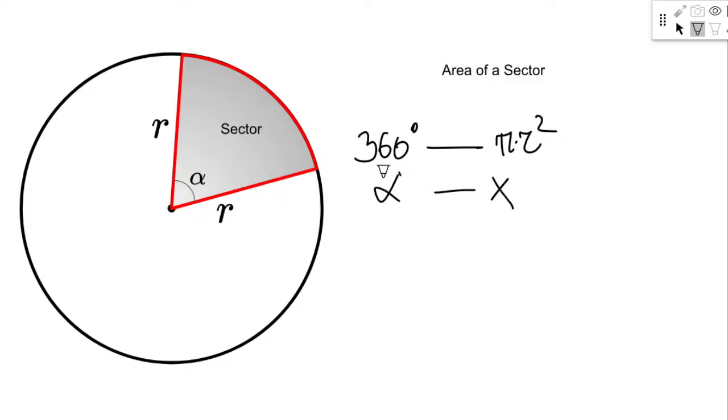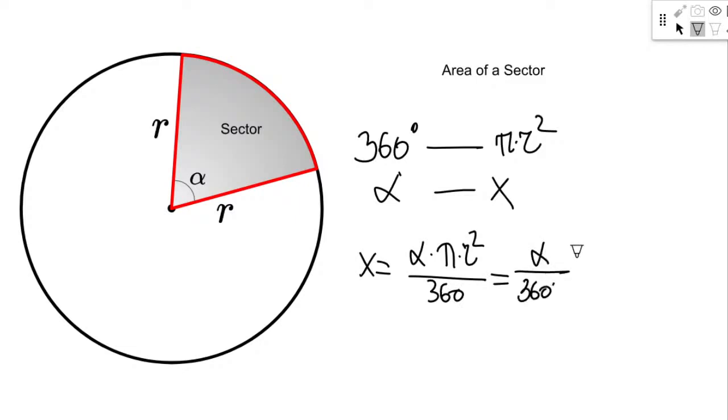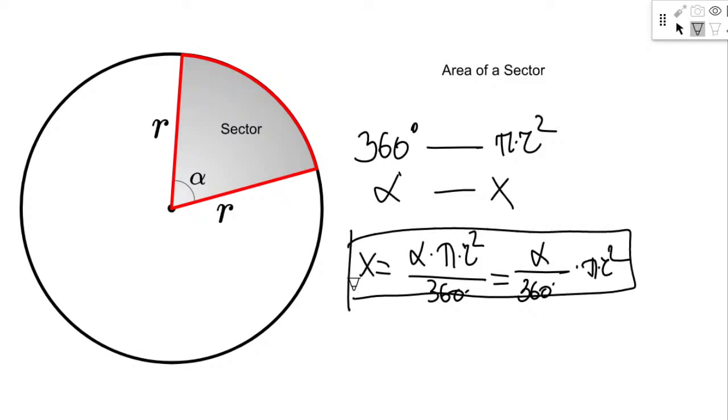We again cross multiply and find that x equals alpha multiplied by pi r squared divided by 360, or to remember it easier, alpha divided by 360 degrees multiplied by pi r squared. And this is our formula to remember.